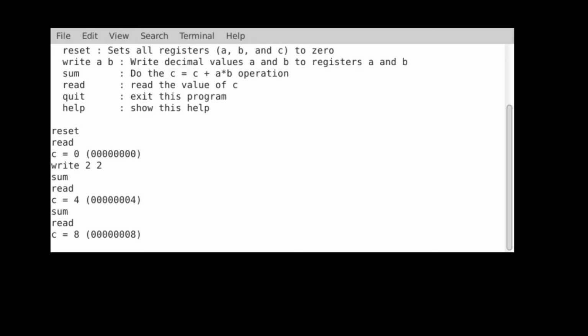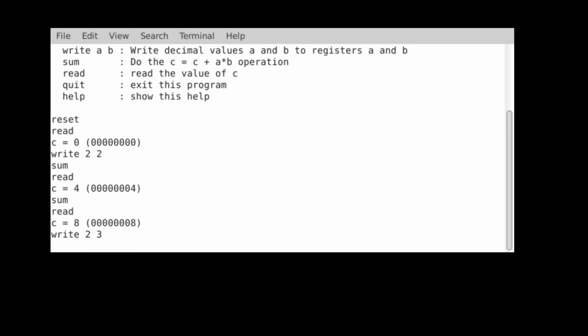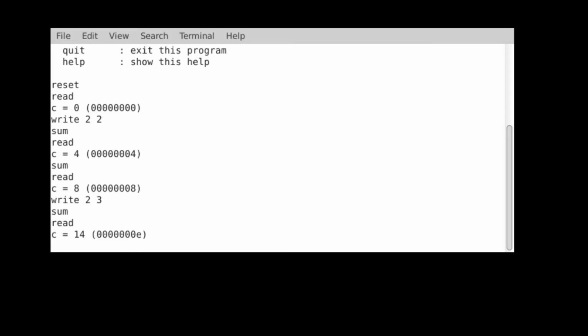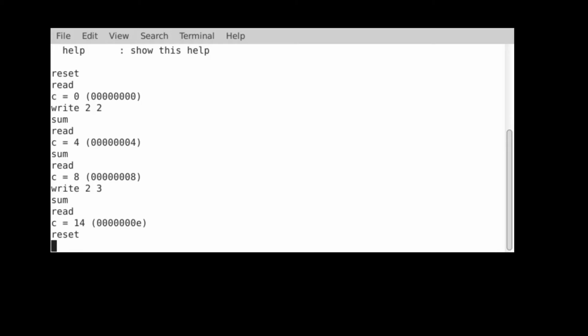So I could change A and B to something like 2 and 3 for 6. And so now if I sum 2 times 3 plus 8, I should get 14, which I do. And if I do a reset again, that would set all of the registers to 0.